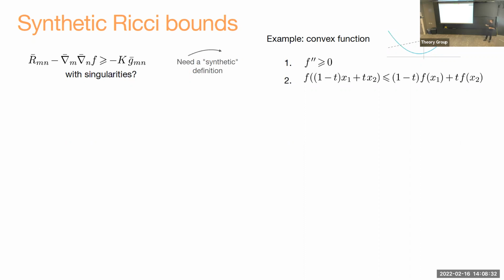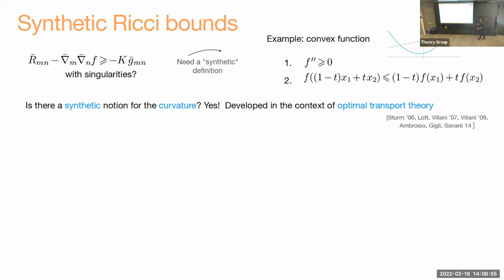And the second one is much more general. It doesn't require the function to be differentiable, not even continuous. It's harder to prove if you give me a function, but it's a more general definition. And so mathematicians try to find this kind of definition also for geometric quantities, like the Ricci tensor.